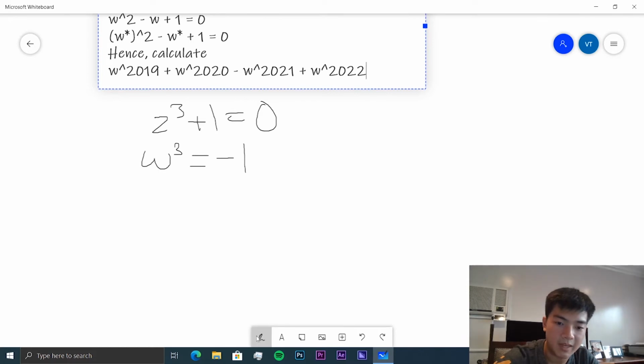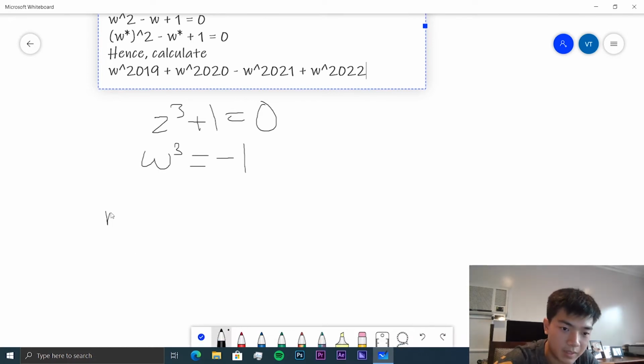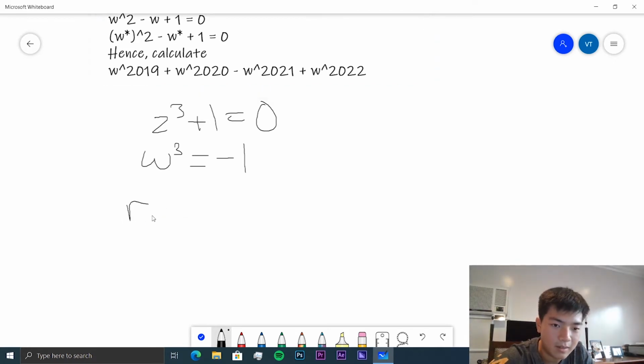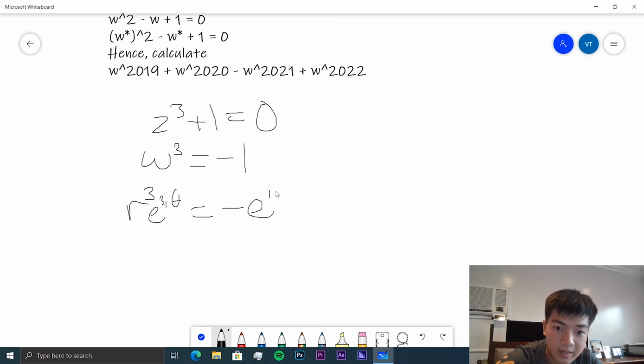So what we have here is a complex number, say r e to the i theta, and then r cubed e to the 3i theta is equal to negative 1, which is just equal to e to the i pi.